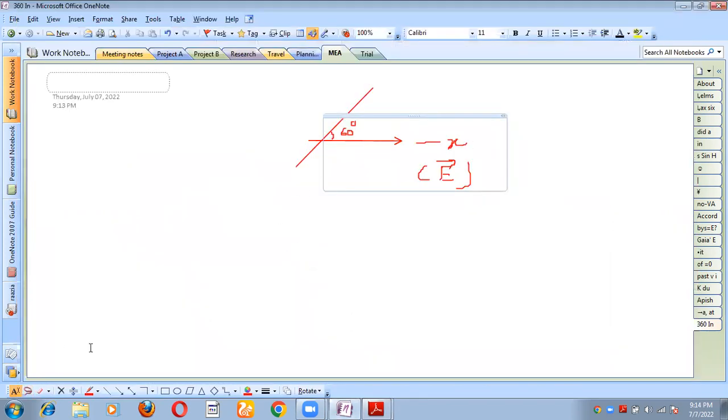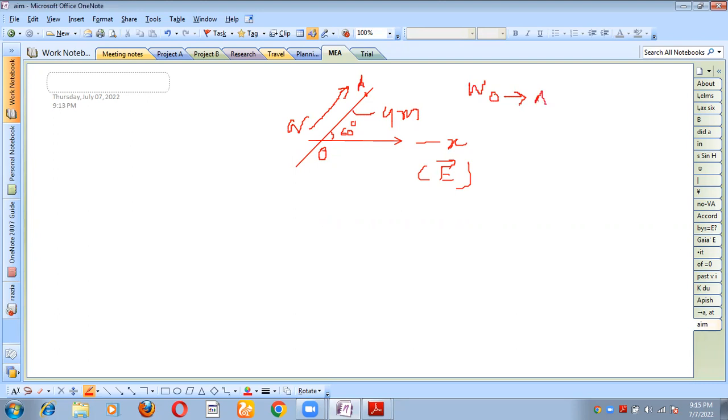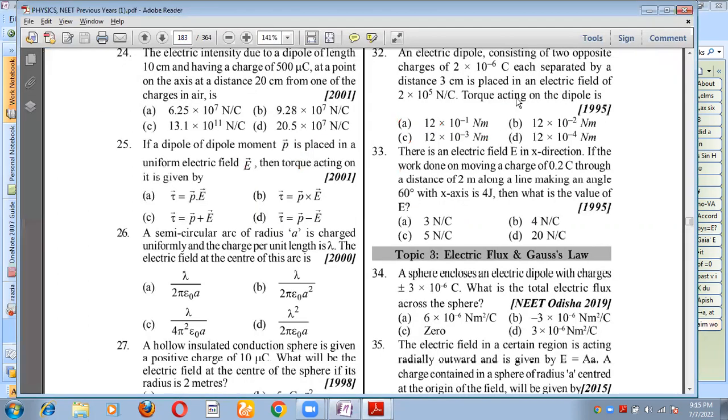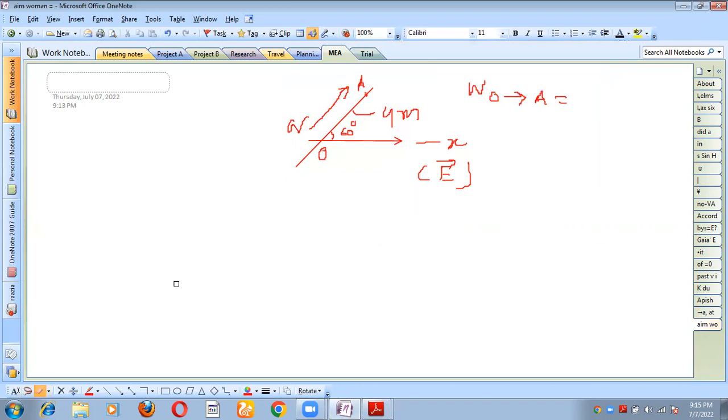Suppose we have a charge Q moved along this line from point O to A. Then the work done in moving from O to A is 4 joule, and this distance is 2 meters.